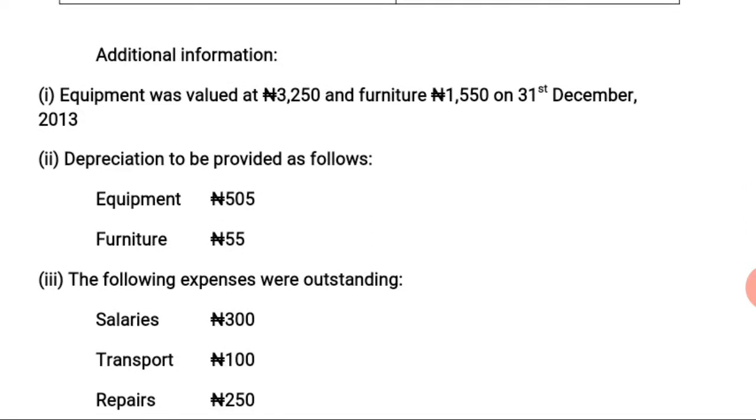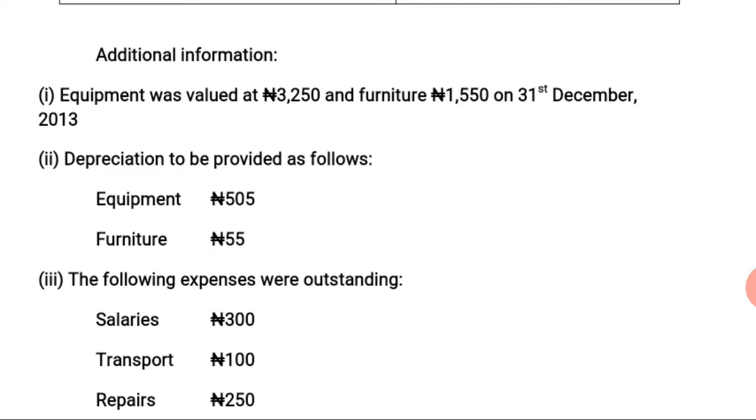More so, we have the additional information, and additional informations are: number one, the equipment was valued at 3,250 naira, and furniture valued at 1,550 naira on 31st December 2013.